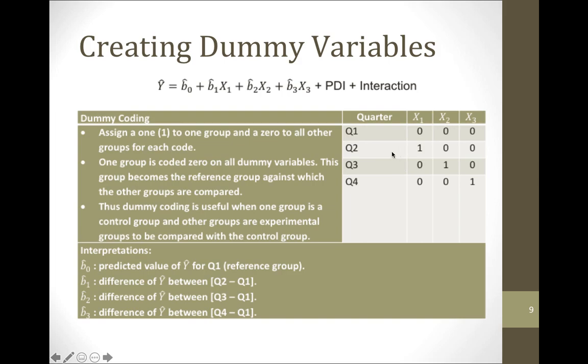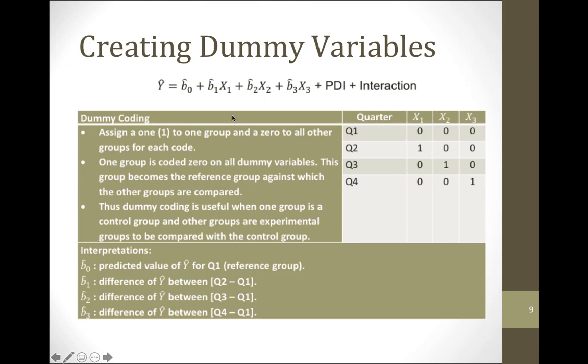And you can see here, when x1 is 1 and x2 is 0, x3 is 0, it is indicating Q2. When x2 is 1 only, this is indicating Q3. And when x3 is 1, it is indicating Q4.